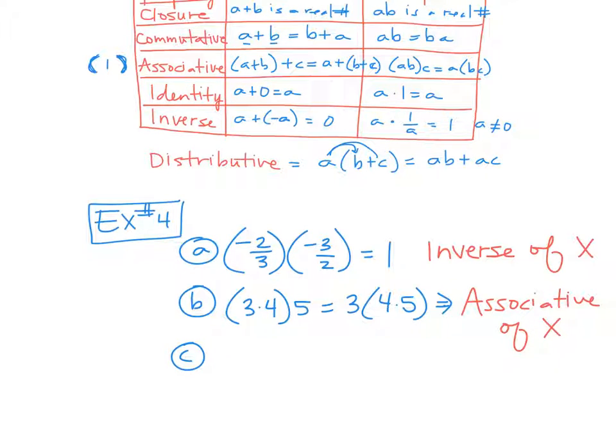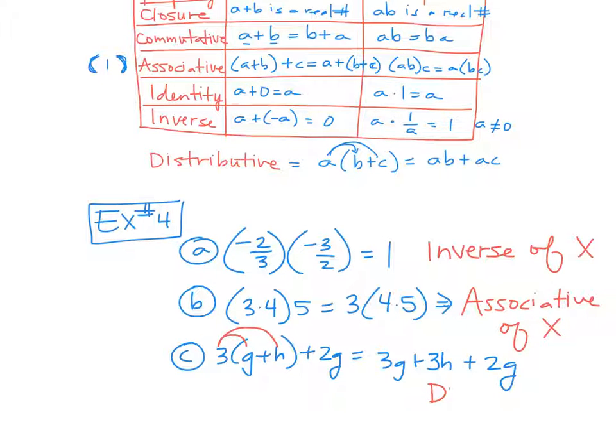So far, so good. Are these all coming back to you? How about 3 times G plus H, plus 2G, equals 3G plus 3H plus 2G? That's distributive, right? We took this and multiplied the 3 by both things. So that's distributive.